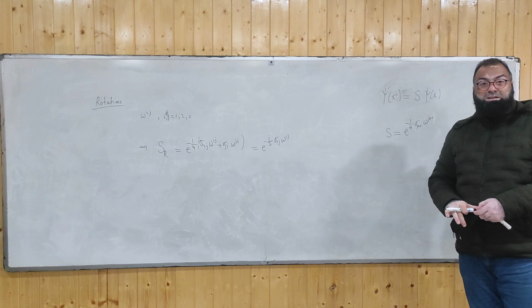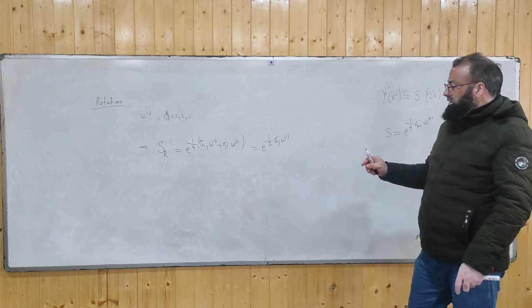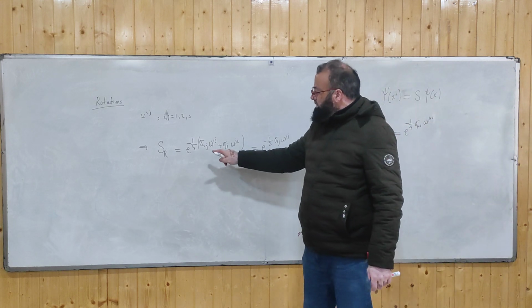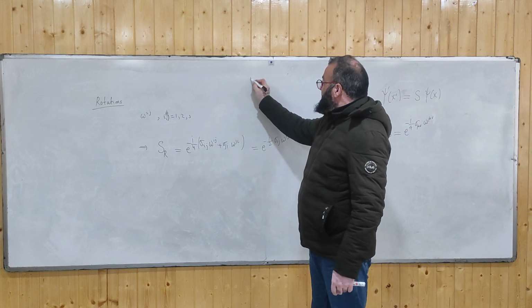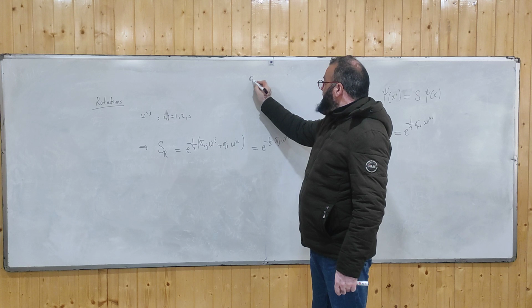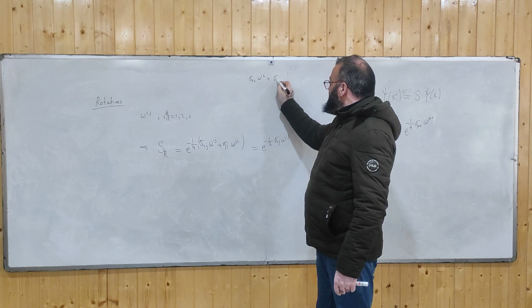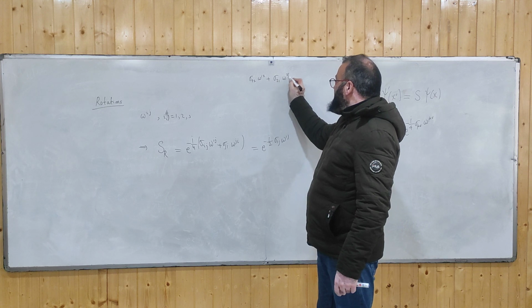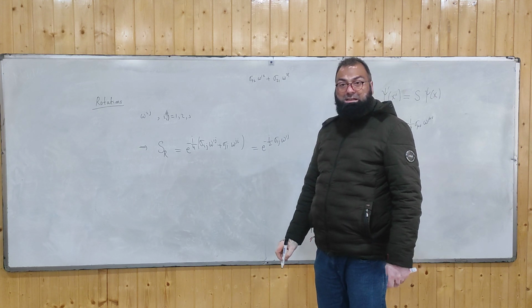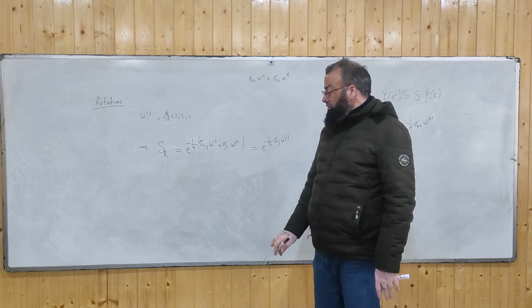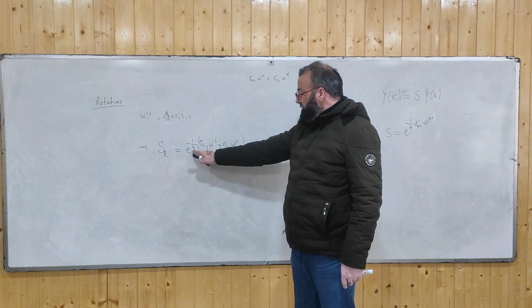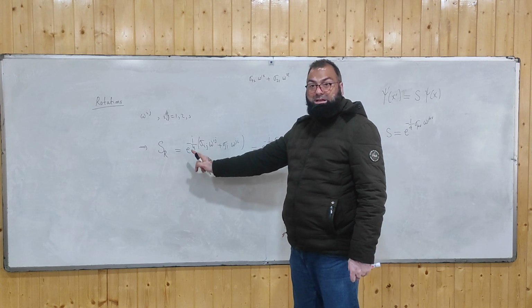Got it? If you are not able to understand this, take it this way: this is sigma 1 2 omega 1 2. Then what is the other term? Sigma 2 1 omega 2 1. Clear? So the sum of these two cancels a factor of 2 here.